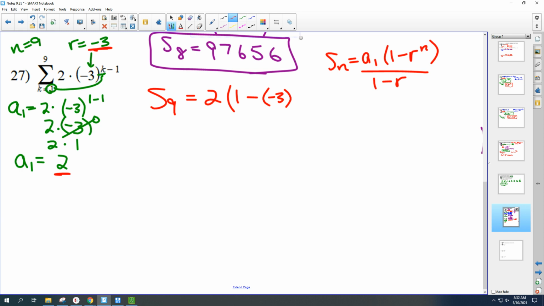So I'm not going to say minus minus is plus plus. I'm not going to say that because you're going to have negative 3 to the 9th power here. All over 1 minus negative 3.